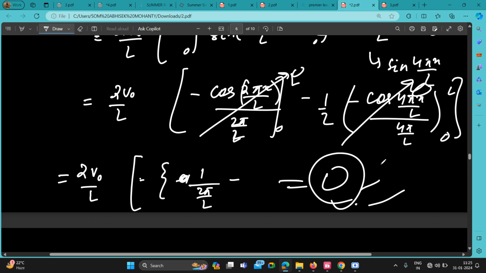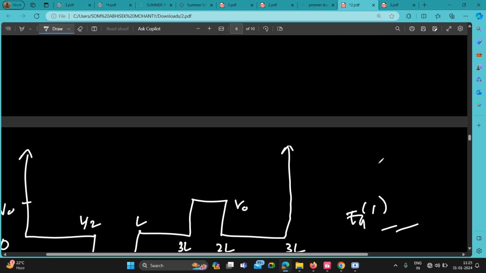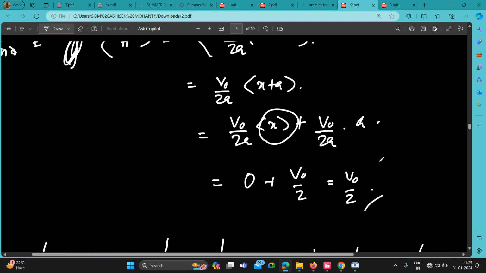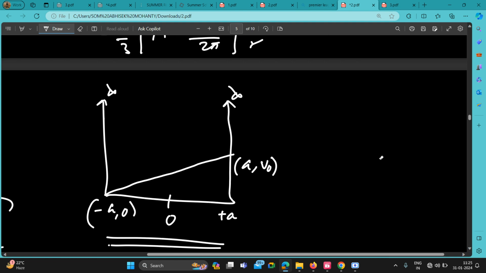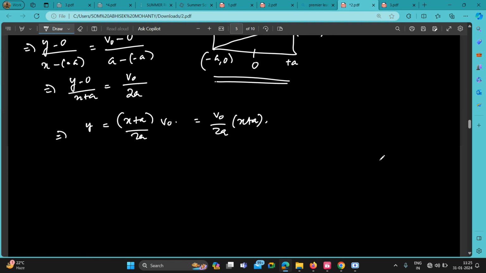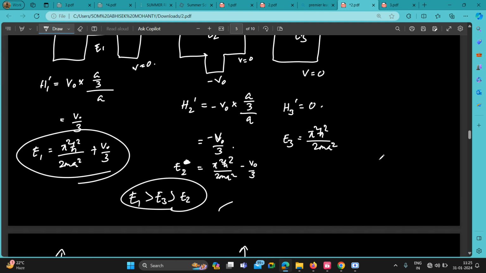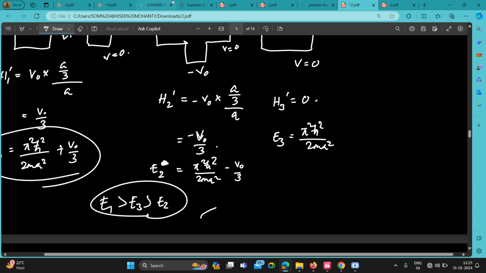These were the normal perturbations, like 1D box, 2D box, boxes and all. Now let's have a look into our harmonic oscillator. What if there is a harmonic oscillator and all? How will we handle that?